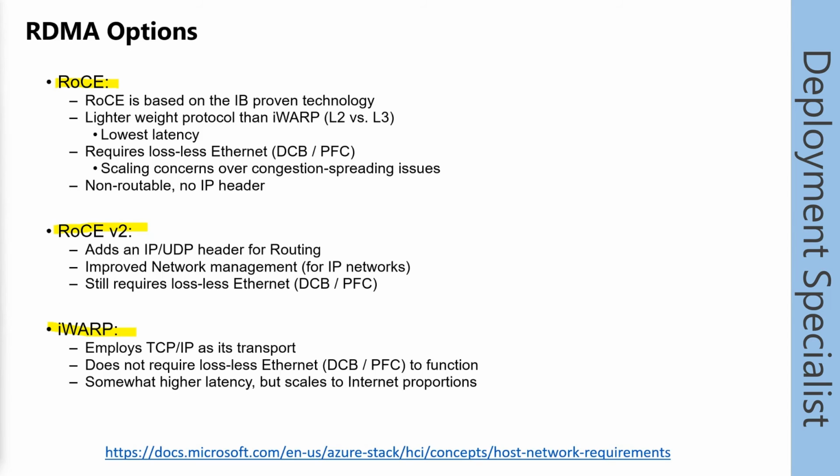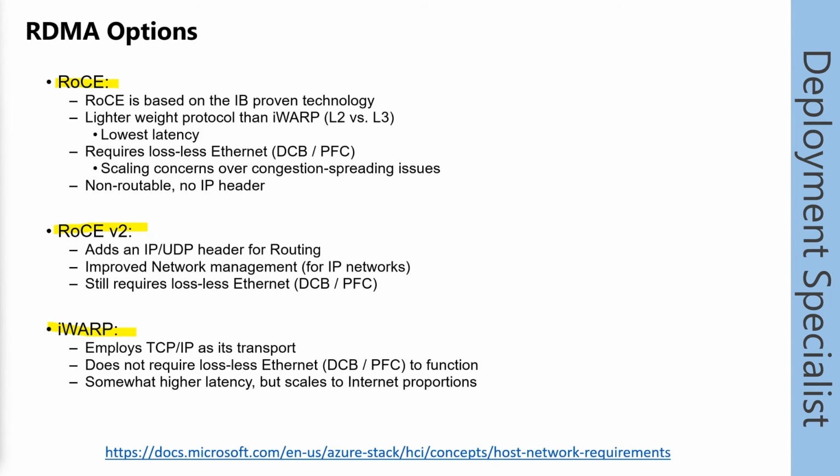When we have a look at the technical situation, then both RoCE and iWARP are RDMA technologies. RDMA ensures we have the offloading from the CPU to reduce the CPU load, to reduce the latency, to optimize the throughput.